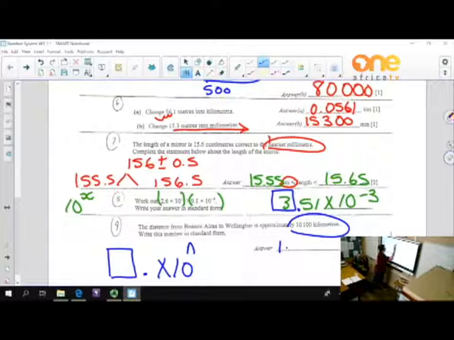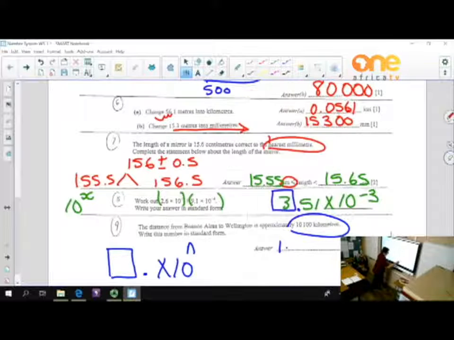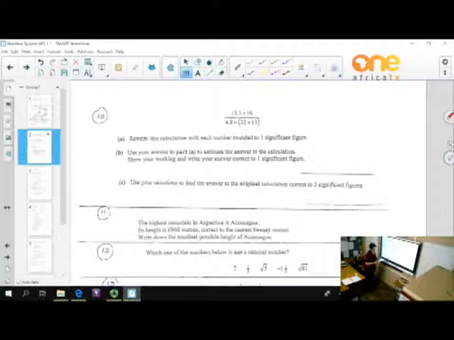Okay, and then how many places do you move this one? Look here. 1, 2, well, actually from there we move 1, 2, 3, 4. So it is times 10 to the power of 4. Right, page 2.